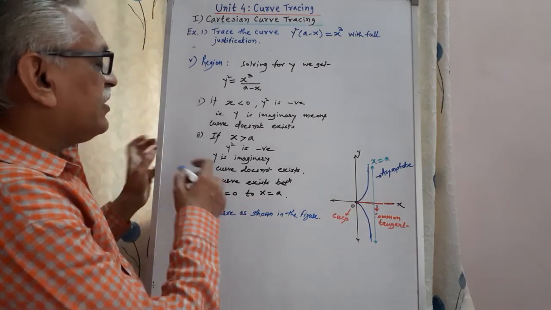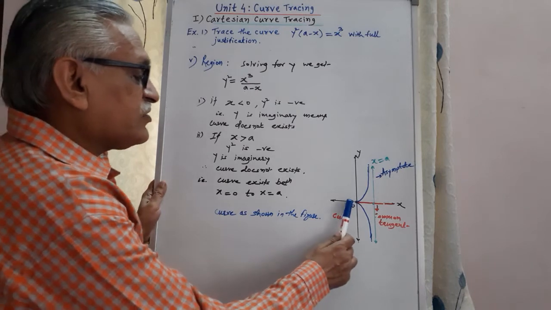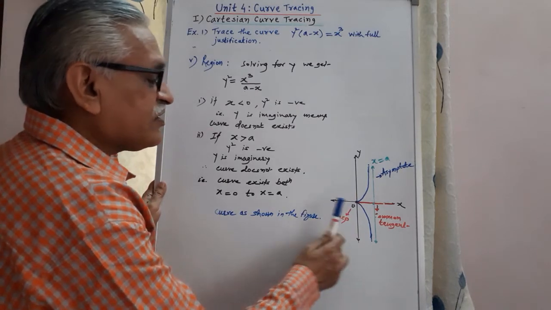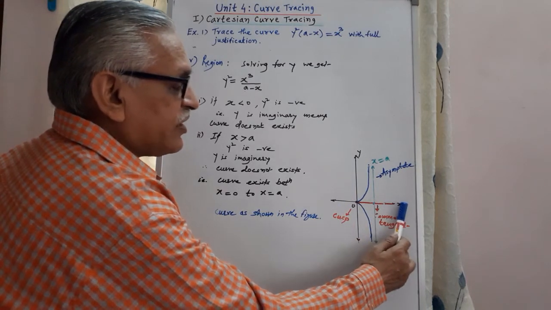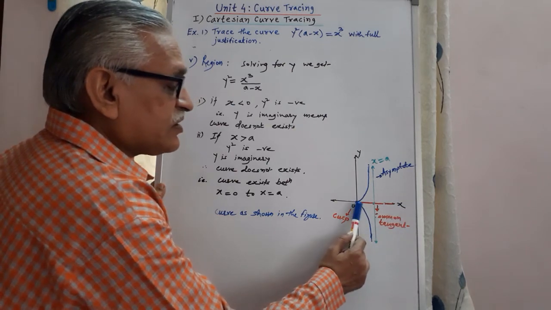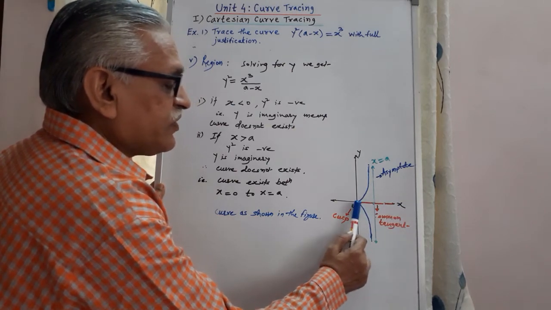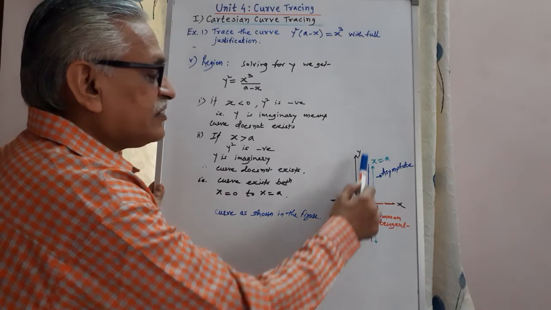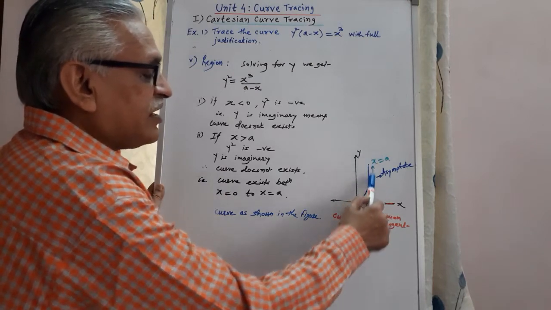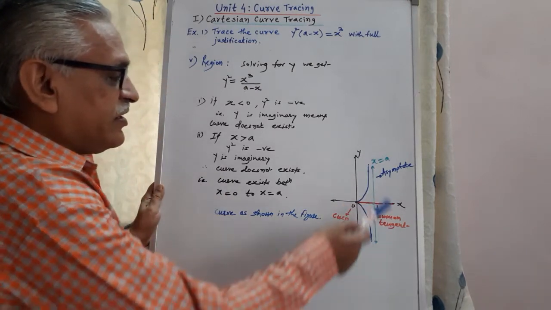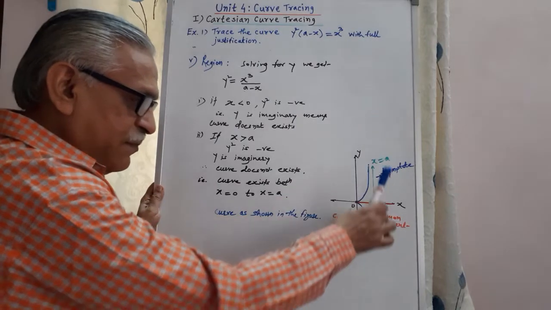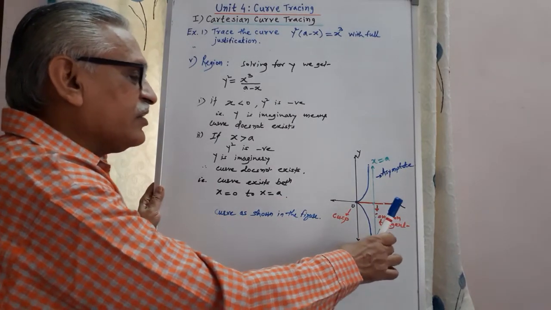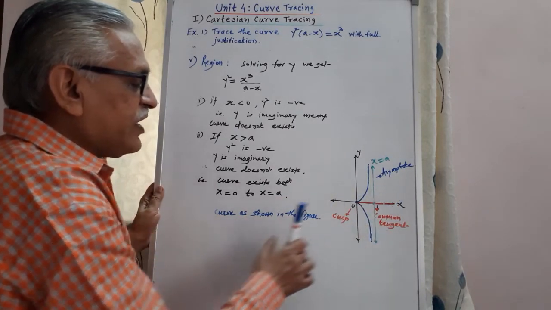And the last point, origin, curve does not exist for negative values of x. Curve does not exist for x greater than a. Means whatever the curve we have to draw, it is in between these two lines, y-axis and the line x is equals to a.